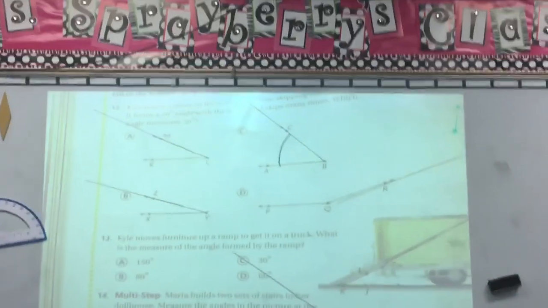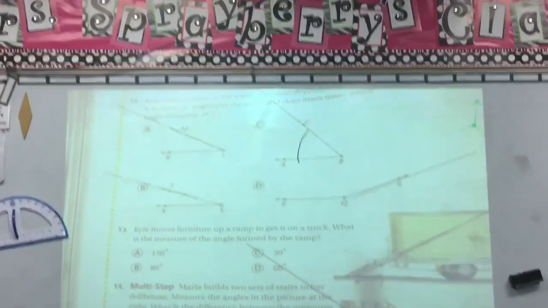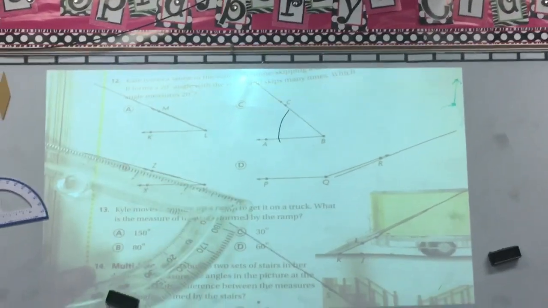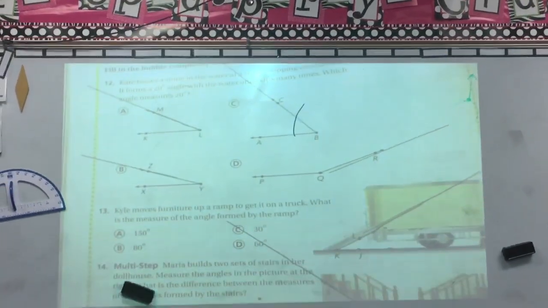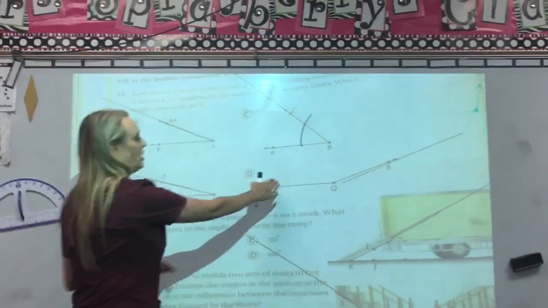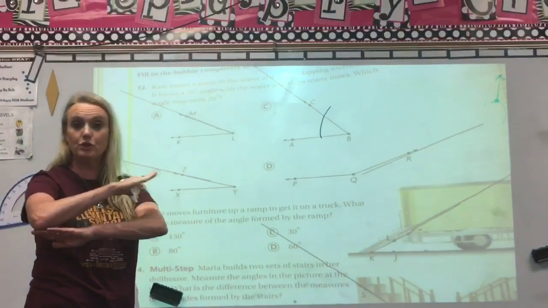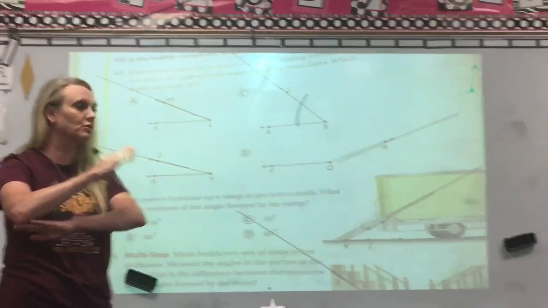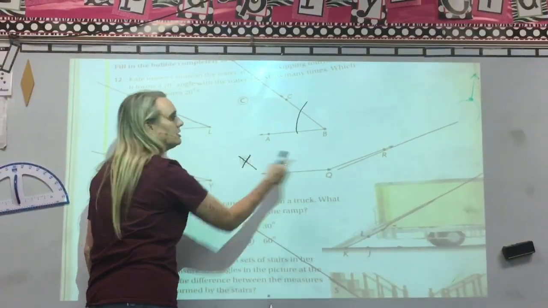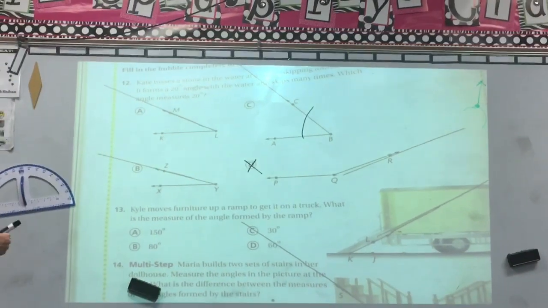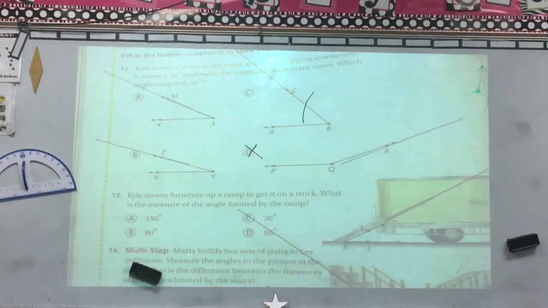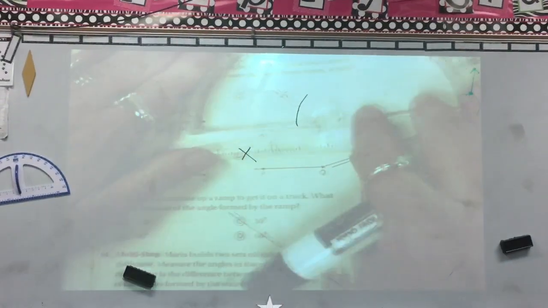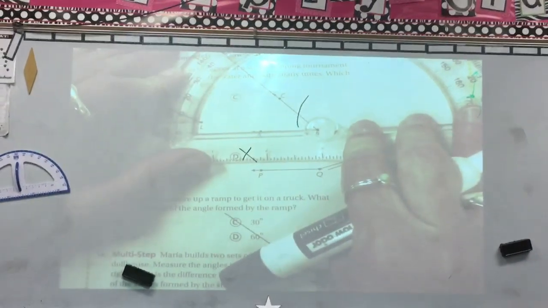Well, first of all, I extended every single one of my rays that went out. Then I asked myself about reasonableness. Is this 20 degrees? I would use your arms and say, this is about 20 degrees. This is absolutely not 20 degrees. The other ones are kind of close, so look at the widest angles first.